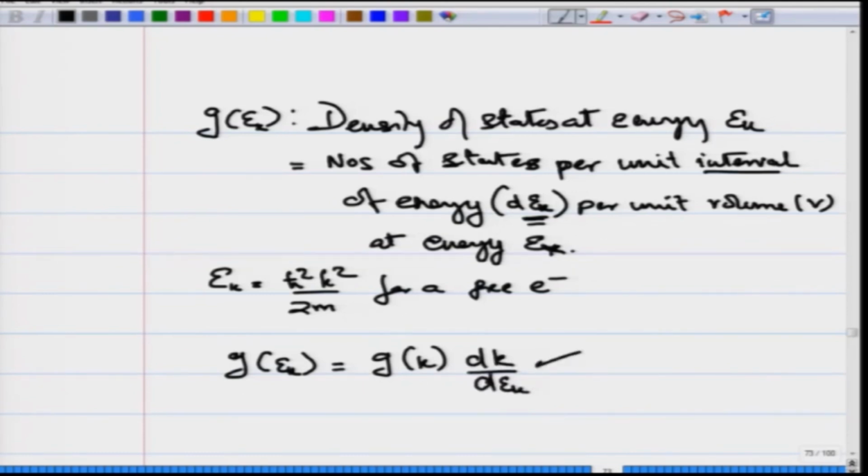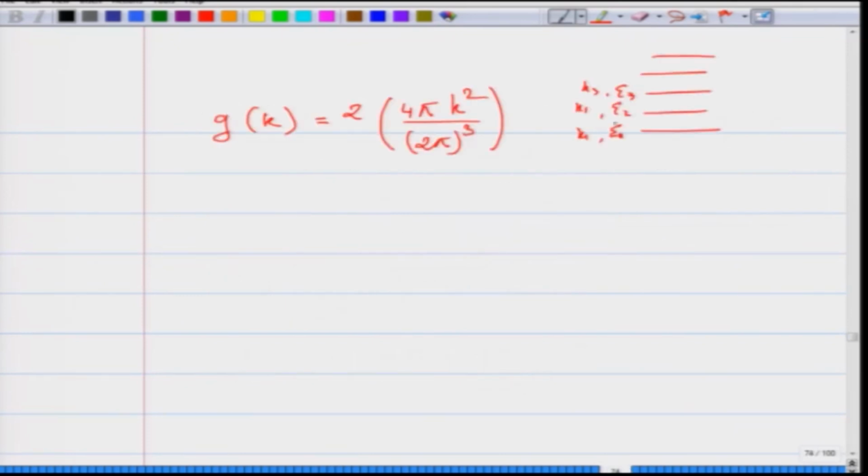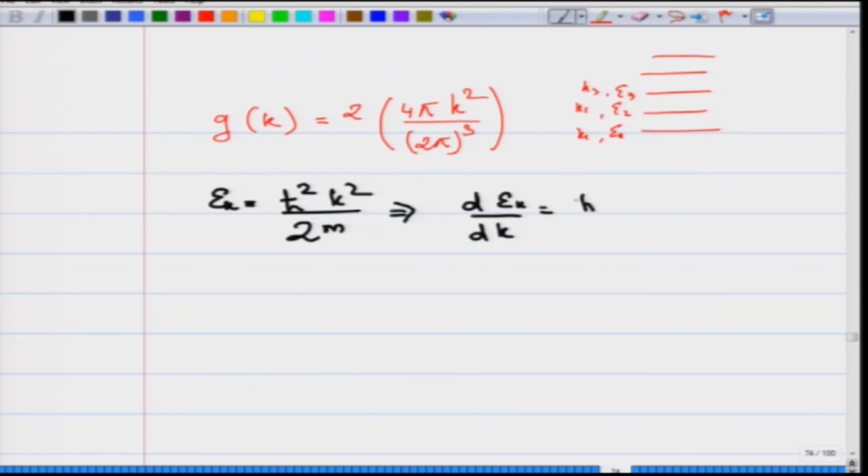So, let us now go ahead and calculate this. If you recall, Gk is equal to 2 into 4 pi k square dk divided by 2 pi cube, and Ek is h cross square k square by 2m, which implies that dE by dk is h cross square k by m.